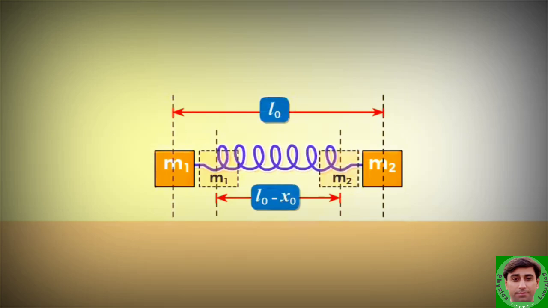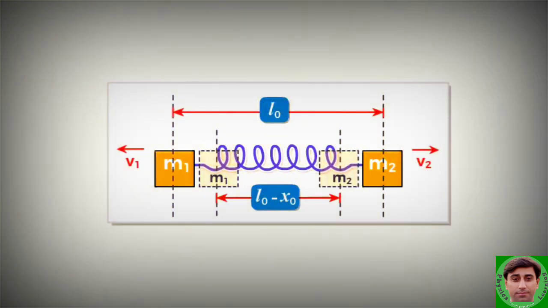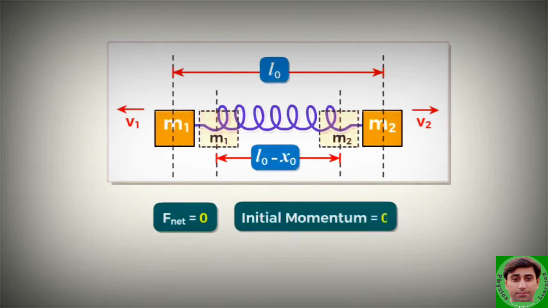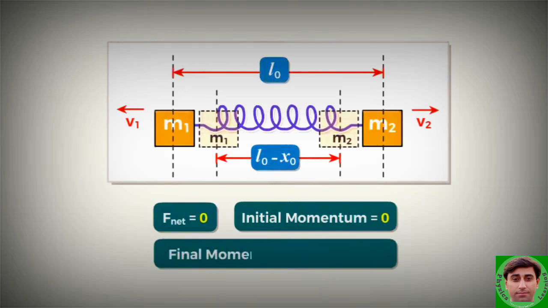Let us assume that the velocities of blocks M1 and M2 are V1 and V2 respectively at the natural length of the spring. Since there is no external force acting on this system in the horizontal direction, the linear momentum of the system is conserved. Initial momentum is zero because both the blocks are at rest, and final momentum is equal to M2V2 minus M1V1.